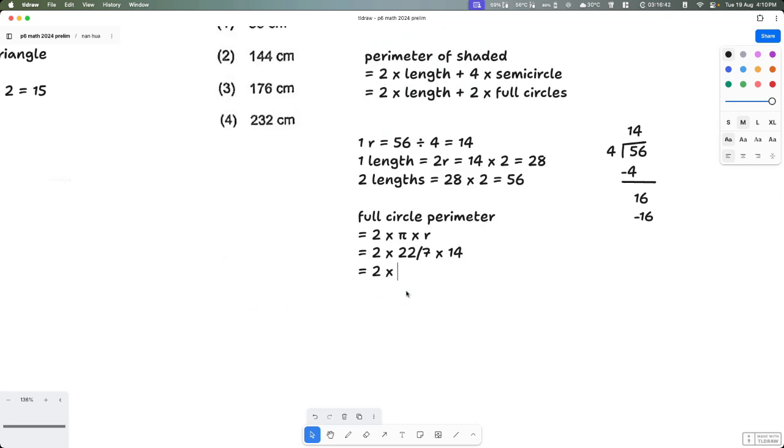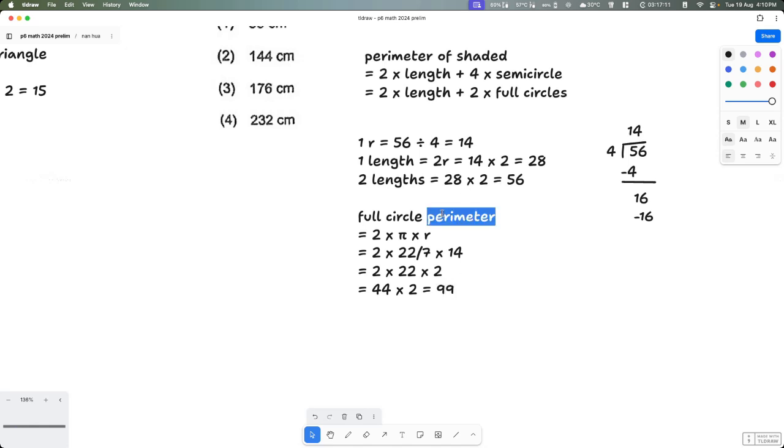So basically it's 28 times 22 over 7. Actually it's just 2 times 22 times 2, since you can cancel 7 and 14. This gives us 2, and this gives us 44 times 2, which is equal to 88.